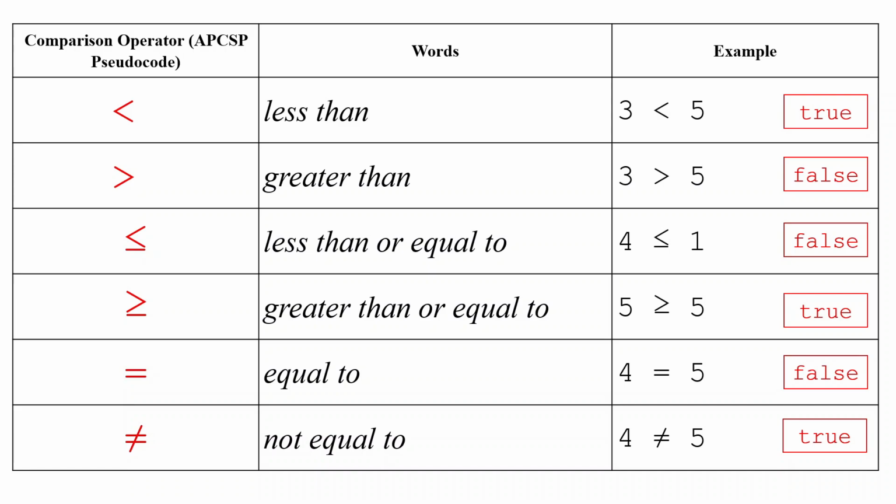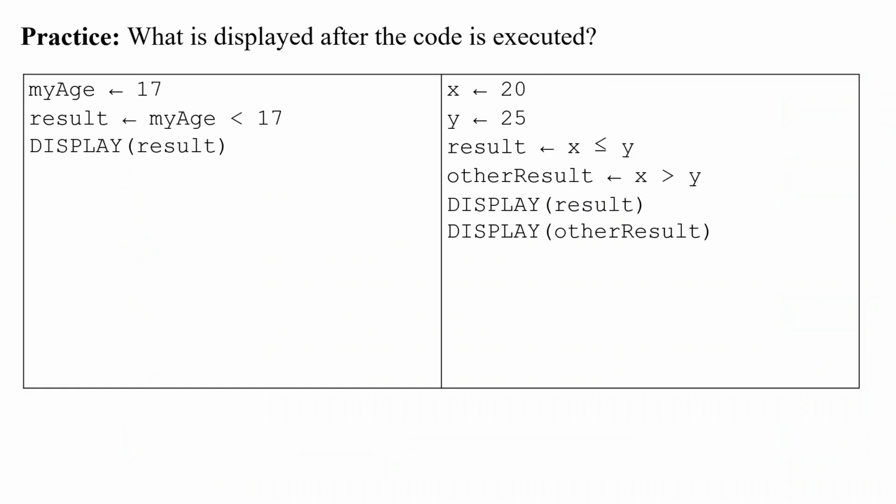For these comparison operators, we're going to be using mostly integers to compare them. Okay? So here's some simple practice problems of this. What is displayed after the code is executed? So my age starts off as 17 on this first line of code here.